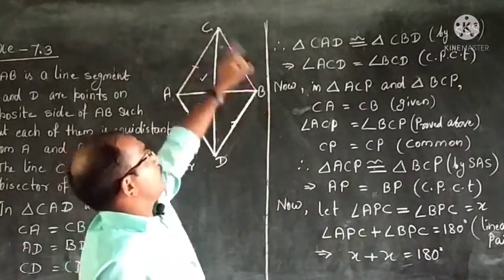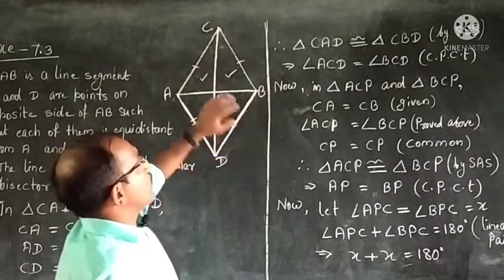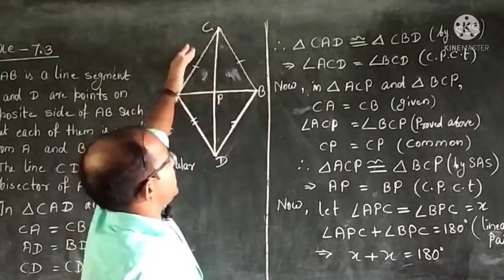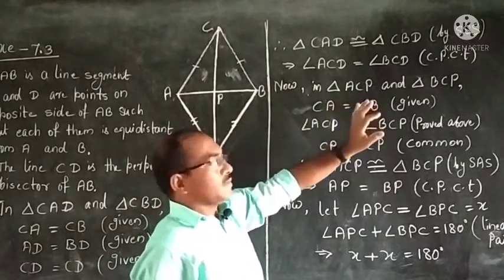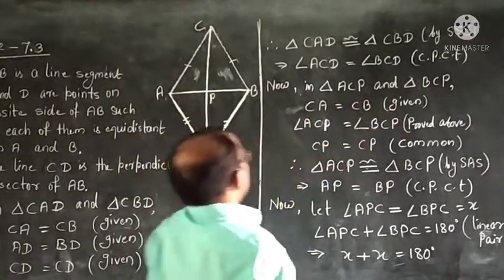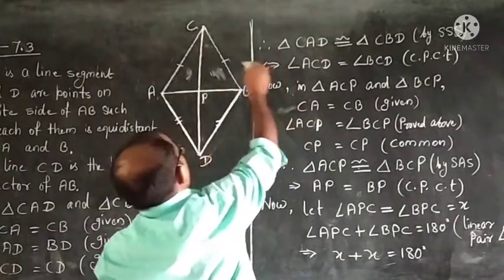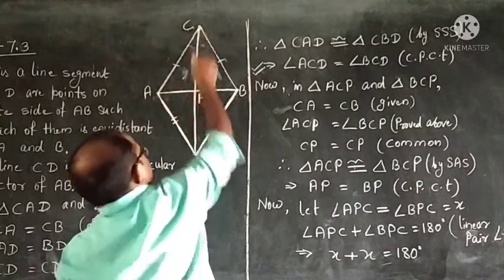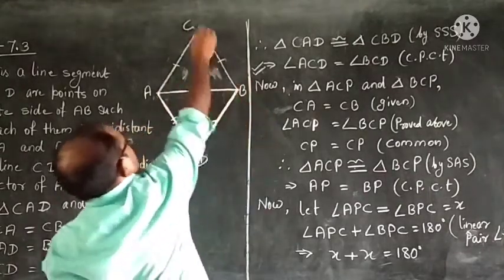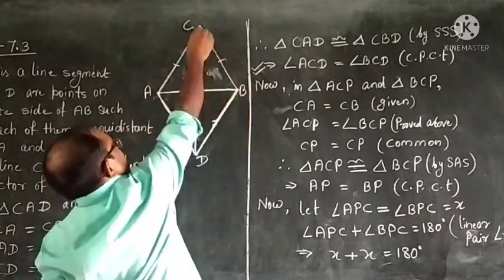ACP and BCP. In these two triangles, what do we see? We see AC and BC are equal. So, CA equals CB, that is given. Then just now we have proved what? This angle ACP, or we call it ACD, that is the same angle, and BCP or BCD.